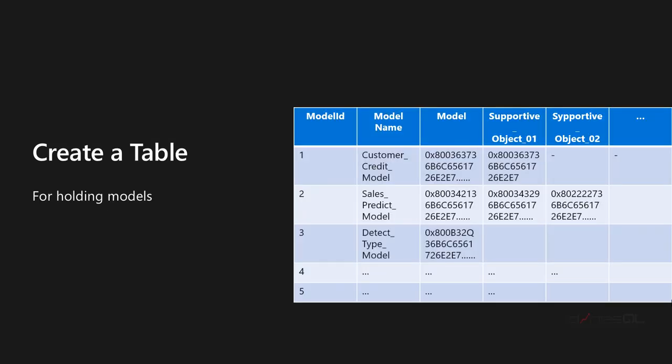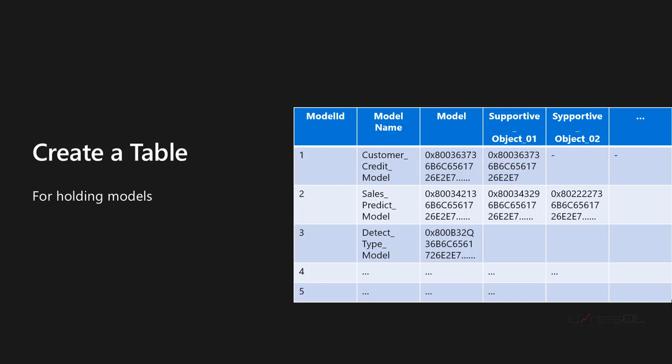database. Next is to create the table for holding models. Generally it needs 3 columns. The first column is the ID, which is going to be the primary key of it, and the name of the model, and a varbinary column for holding the model or the predictive model. So that's the third column.